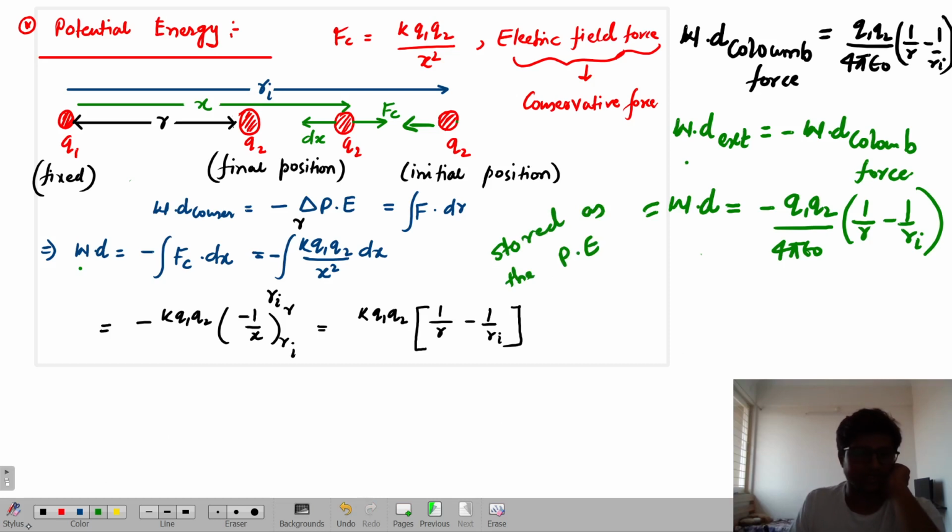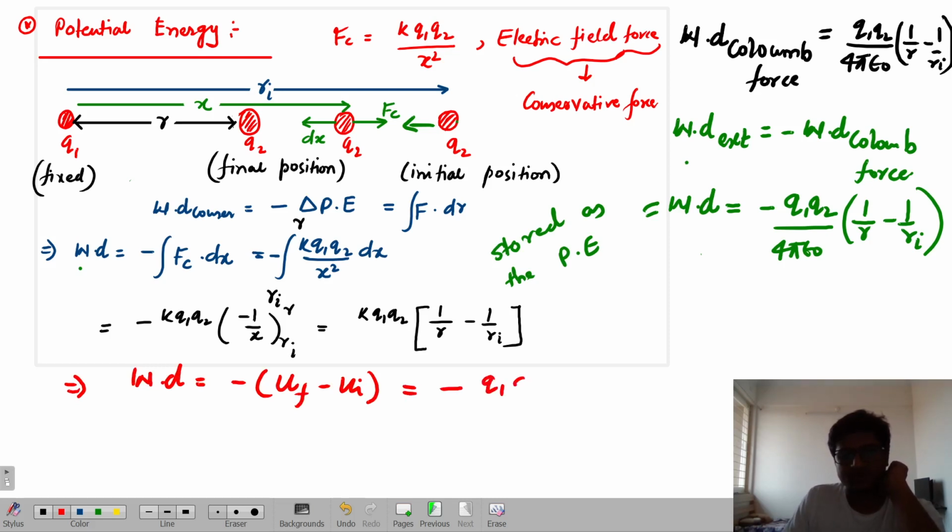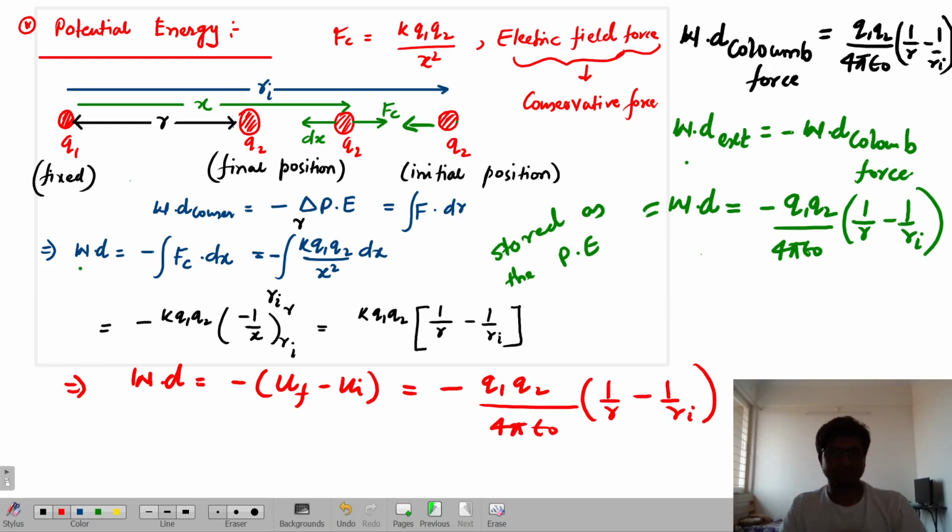So we'll relate it now. We know that the work done is related to potential energy as minus of change in potential energy, which is U final minus U initial, and that is equal to minus of Q1 Q2 by 4 pi epsilon naught times (1 by R minus 1 by R initial).